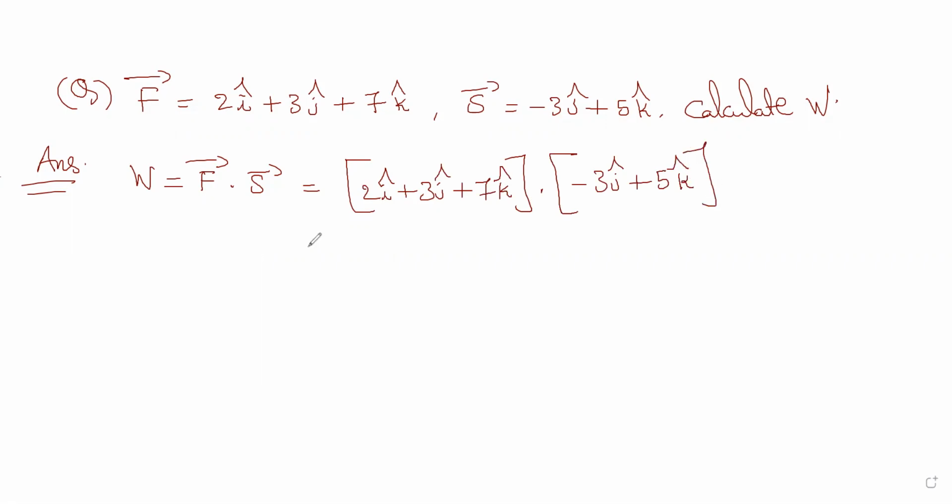So how do we do that? Dot product, i with i. There is no i in the displacement, so that part is 0. We can write 0i cap here. So 2 into 0, then j with j, that is 3 into minus 3, and k with k, that is 7 into 5.